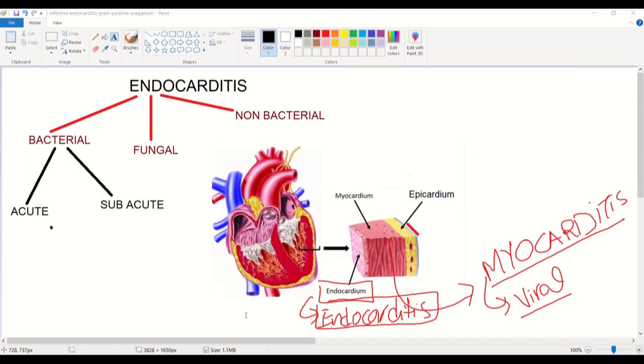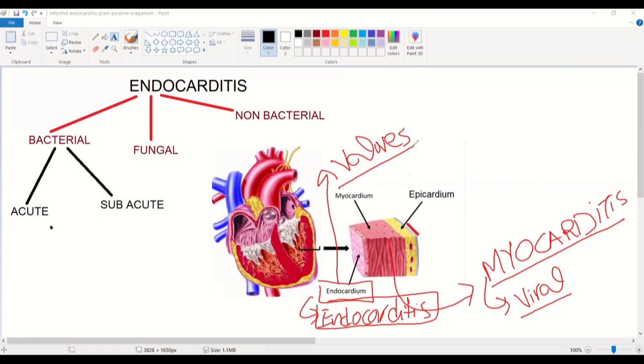Bacteria, right? Bacterial endocarditis is the most common endocarditis, right? So the endocardium contains valves, right?